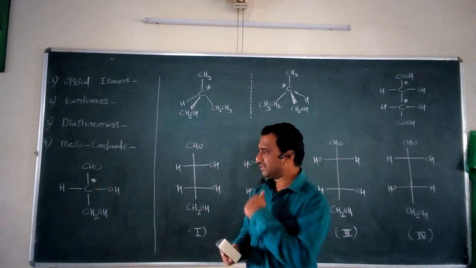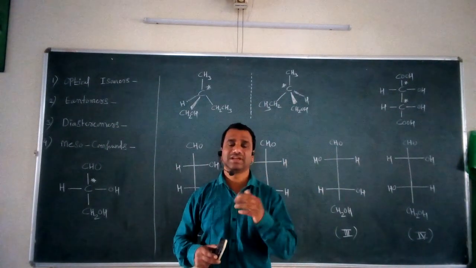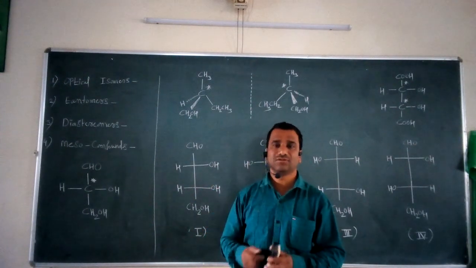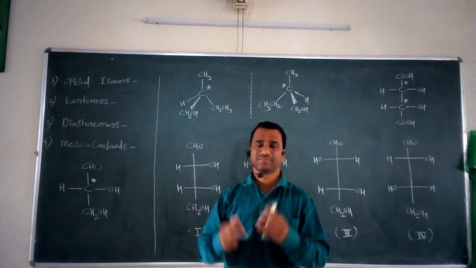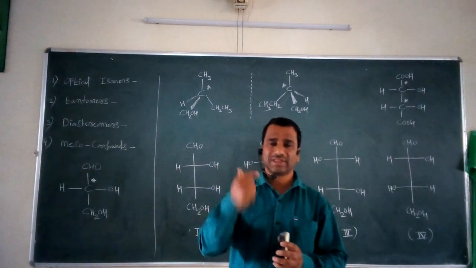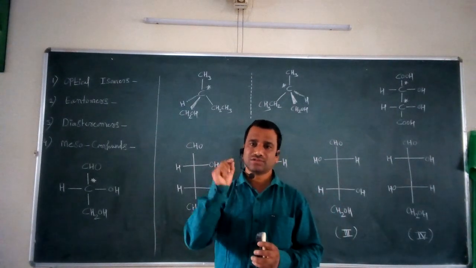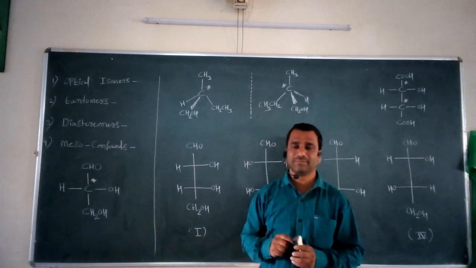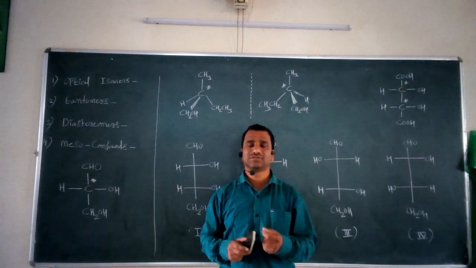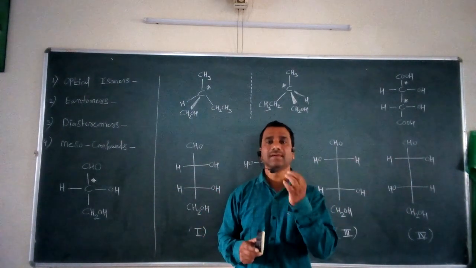Now once a compound is called optically active, these optically active compounds have different types of isomers, meaning the same compound can be present in its mirror image. So for any optically active compound, there is another form, and that other form is called the mirror image of the particular compound.